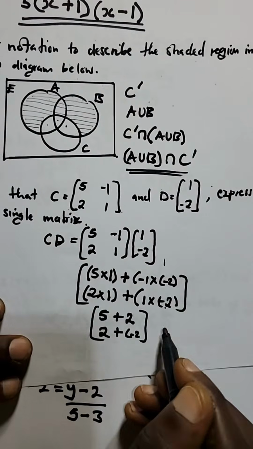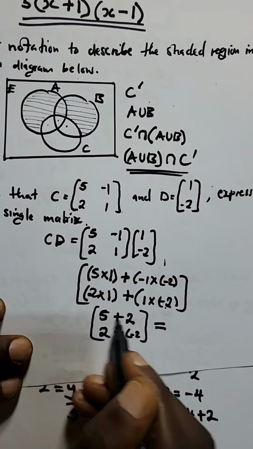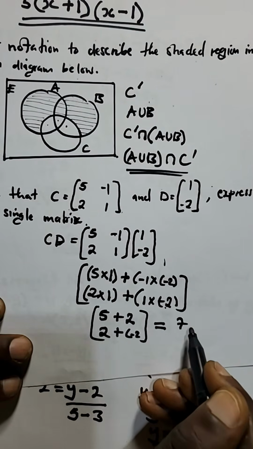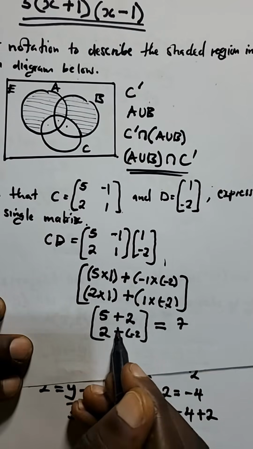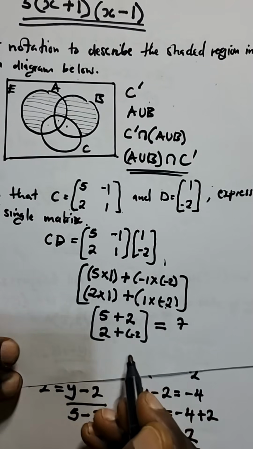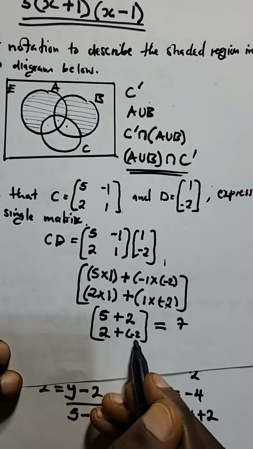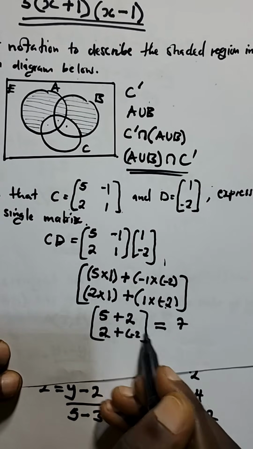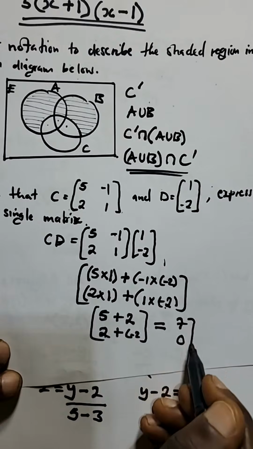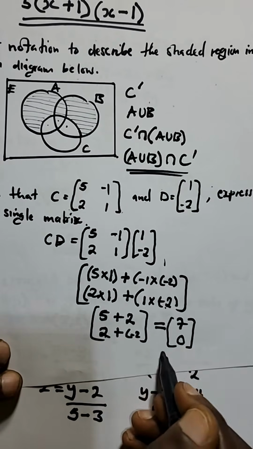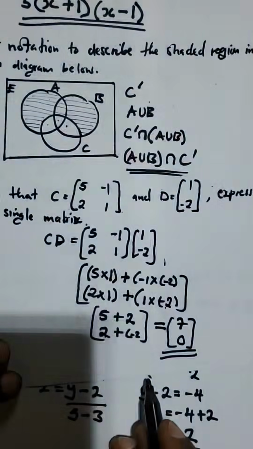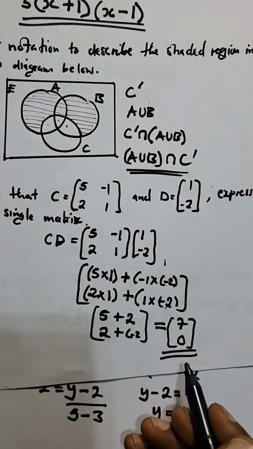Okay, we are moving. Let's move this side. 5 plus 2 is 7, and positive plus negative is negative. Then 2 minus 2 is 0. So this is the answer. Okay, so this is the answer, and it's a single matrix.